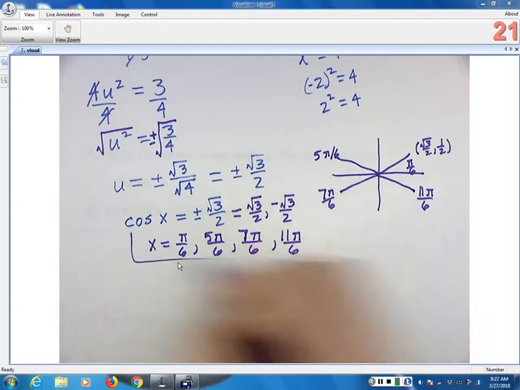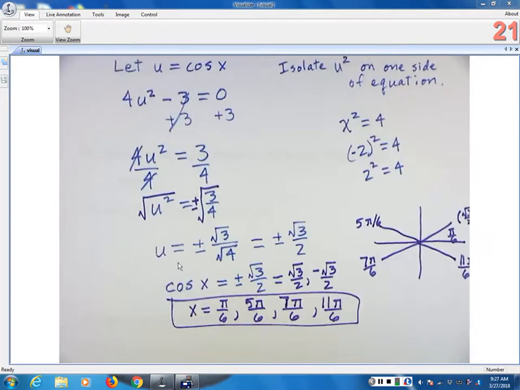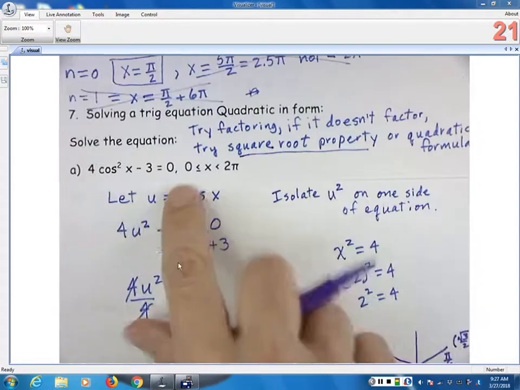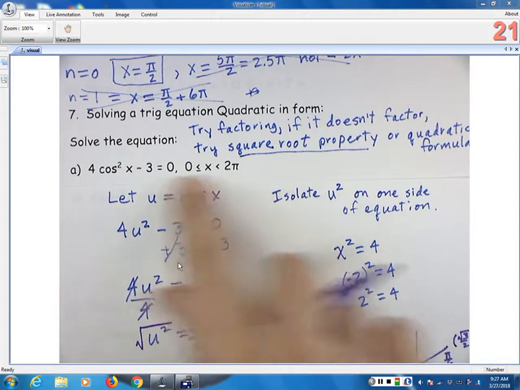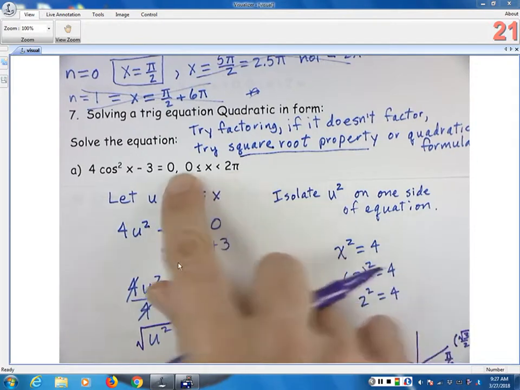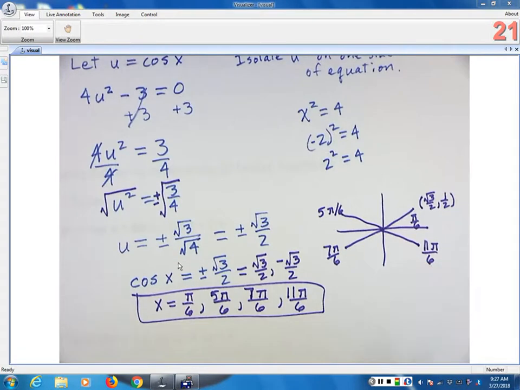Okay, x equals that. So this problem said for x between 0 and 2 pi. So you're only looking for solutions between 0 and 2 pi, and we found them all on the unit circle. So we didn't need all solutions.